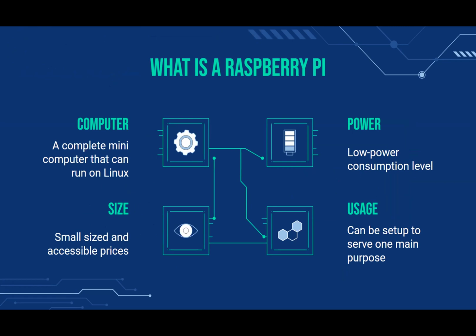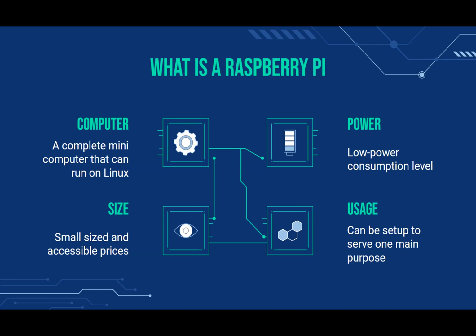For a lot of people that don't know, a Raspberry Pi is a small little computer that you can basically run anything on, but mainly people usually run Raspbian or Linux. It's very small, usually very affordable compared to any other computer, and very low in power consumption. It can be used to set up multiple things, but they're usually meant to do one specific thing, they're mainly set for one purpose.